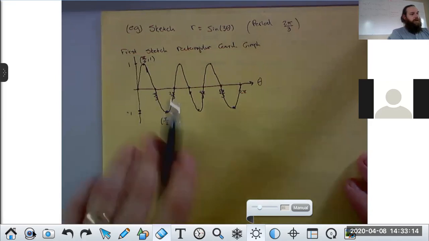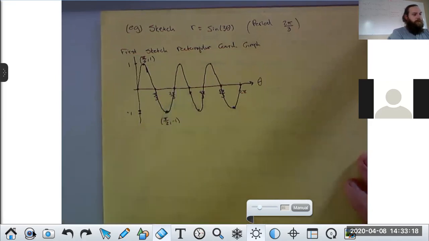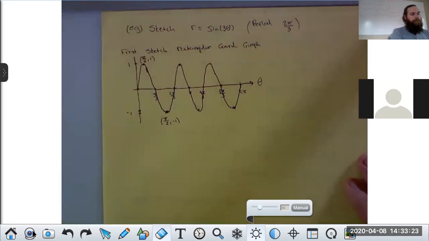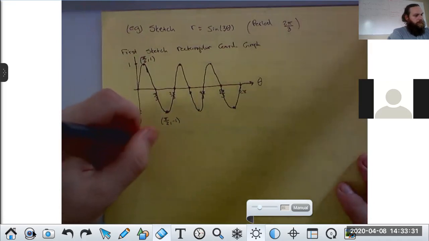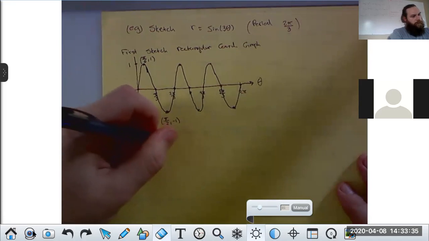Now this next guy, come past 2 pi over 3. Now we walk another pi over 6 past that. Where is that going to put me? If you prefer to write things out, I could say that this guy is going to be 2 pi over 3 plus pi over 6, right?